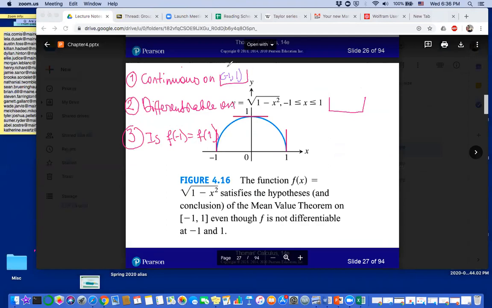I don't understand these brackets. I don't know if it's a closed interval, open interval, what? So which one is it? Continuity is required on a closed interval.